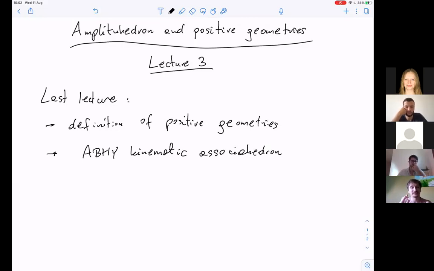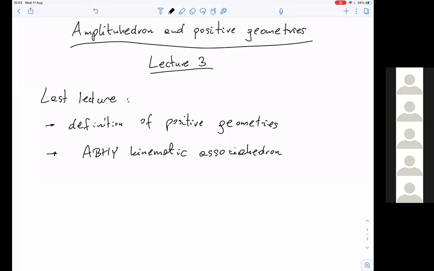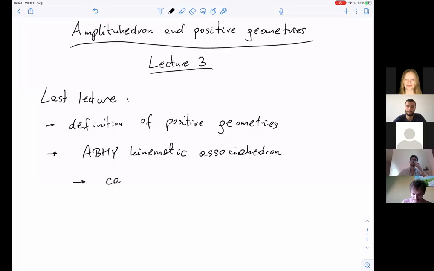You can embed it using this ABHY construction directly in the Mandelstam, so planar Mandelstam space. And it's a convex polytope. You can define a logarithmic differential form, so canonical form, on this object. So you can find this canonical form, which has these properties which I described.